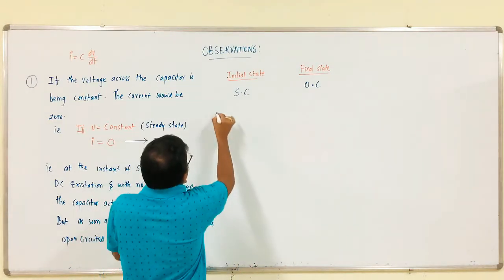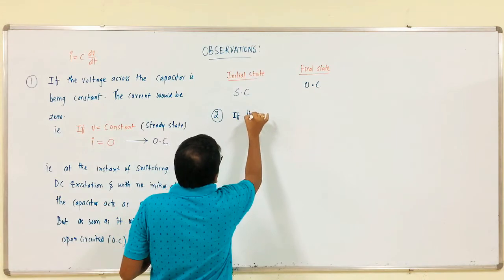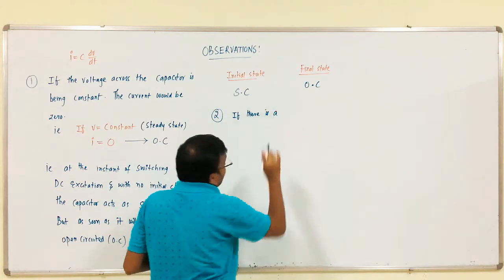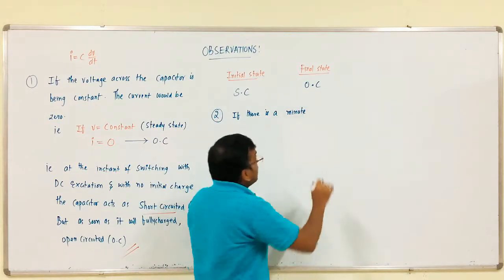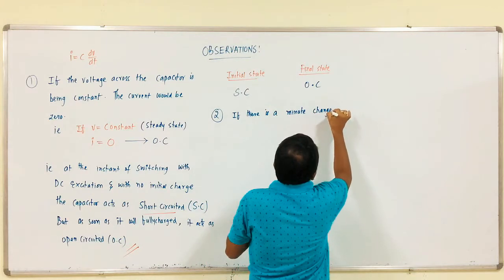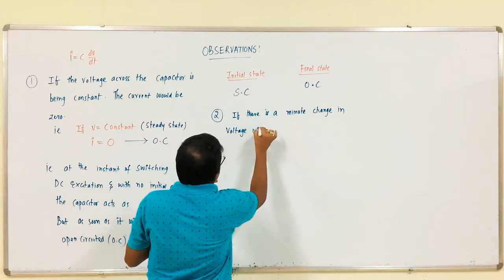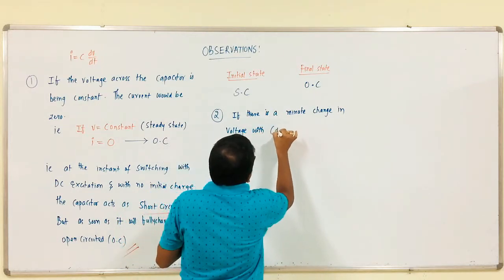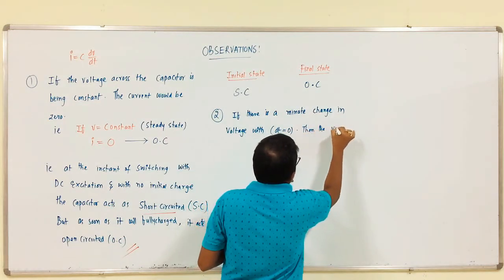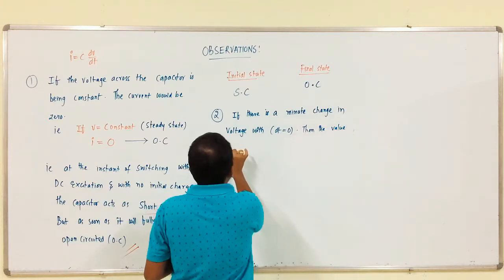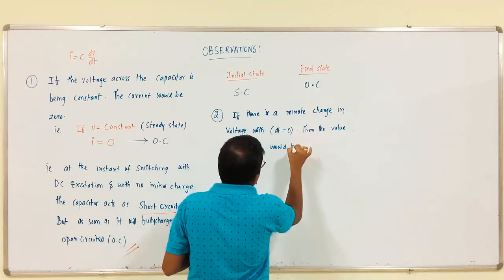Next, second point. If there is a minute change in voltage with dt equal to 0, with very little time, then the value of current would be what?